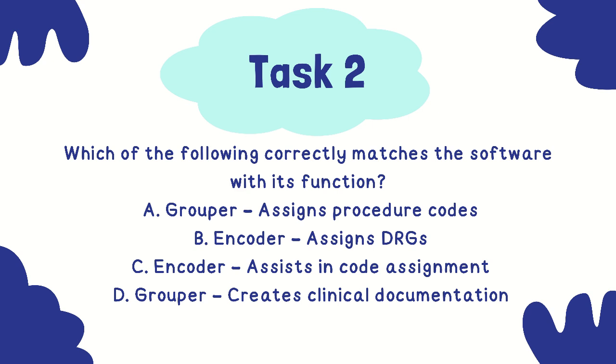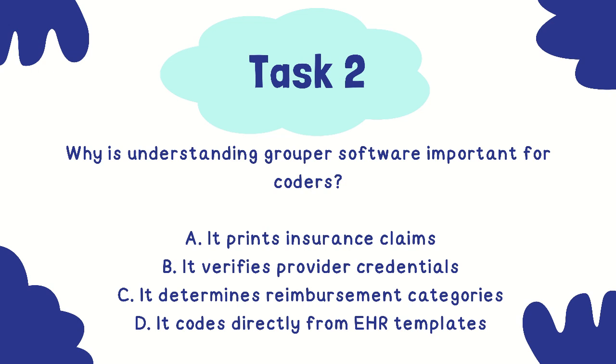Encoder assigns the DRG? No, the grouper assigns the DRG. So the answer is C, encoder assists in code assignment. Let me reiterate this again: for this CCS exam, you really have to know the content so that you can apply it to the question that is presented to you.